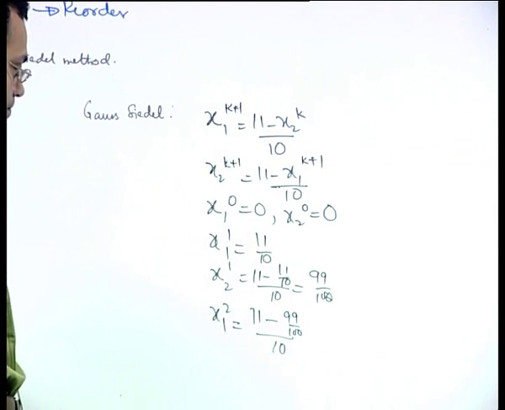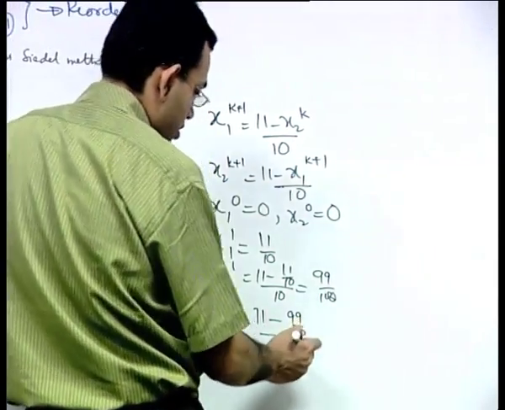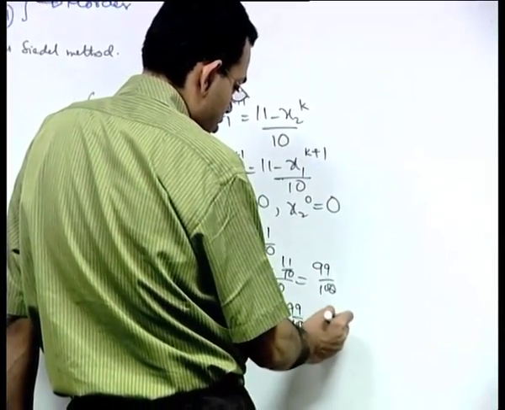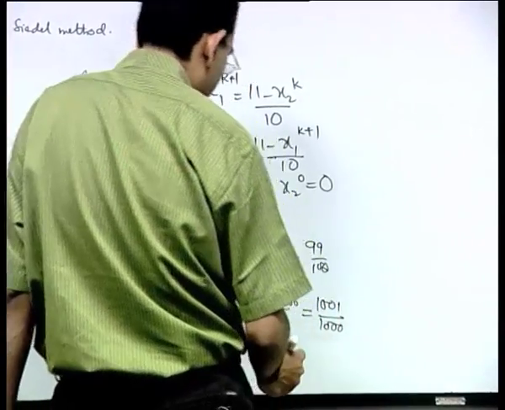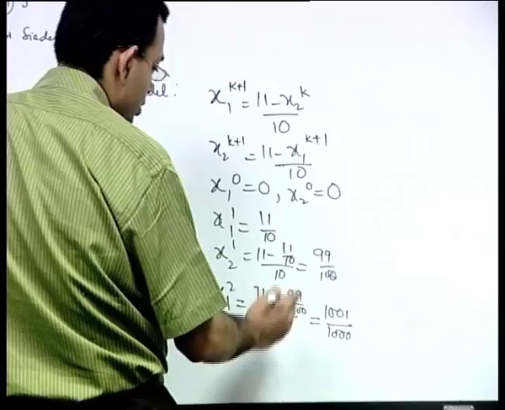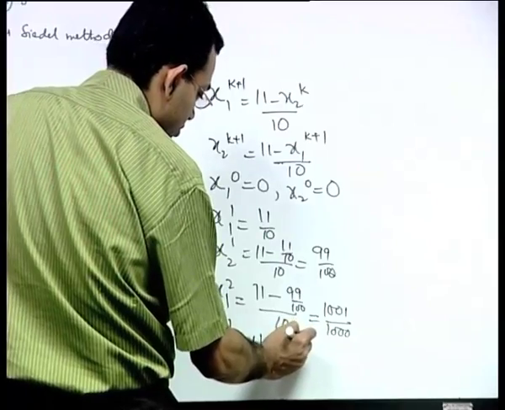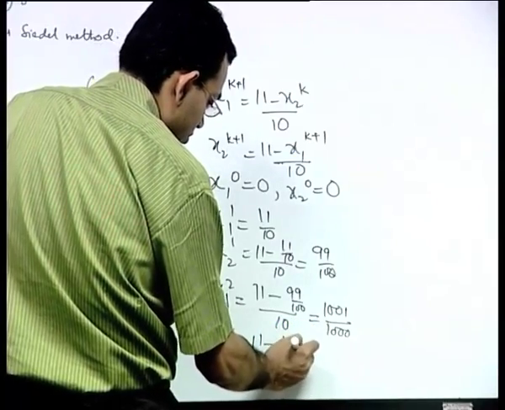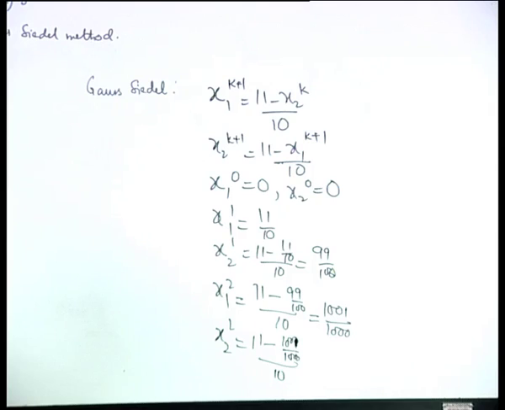What is this? 1001 by 1000, and x2 2 is equal to 11 minus 1001 by 1000, by 10.